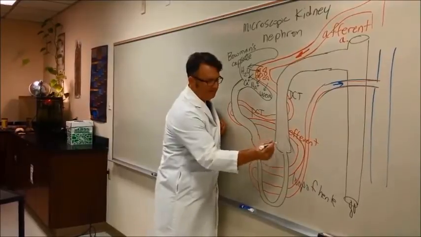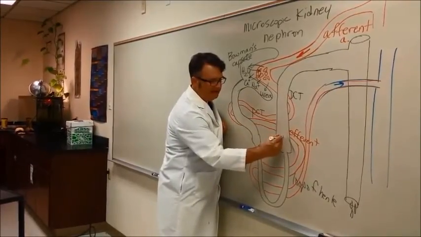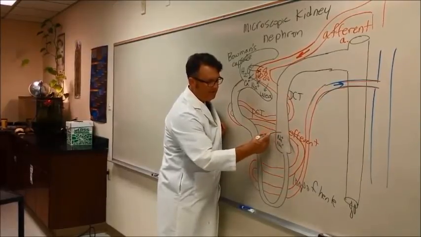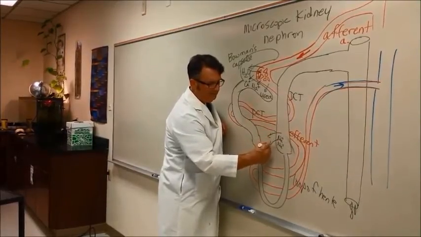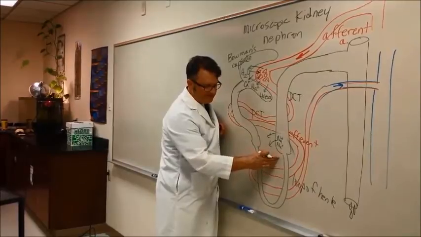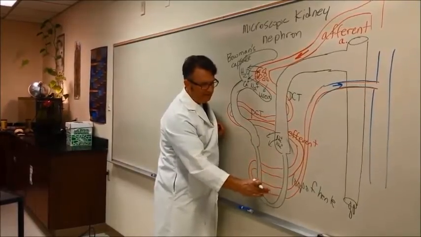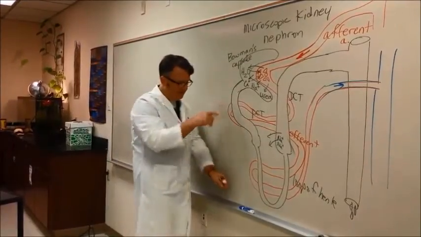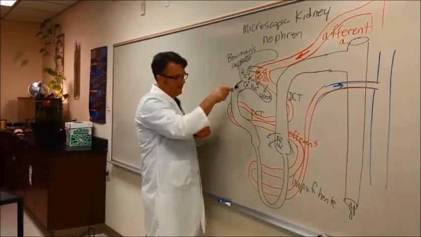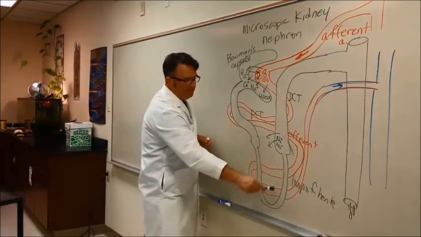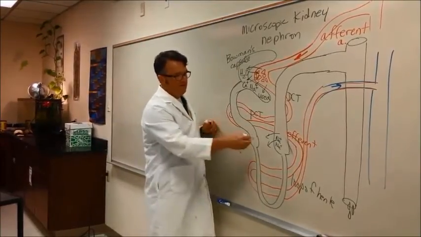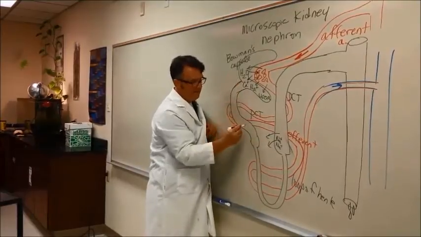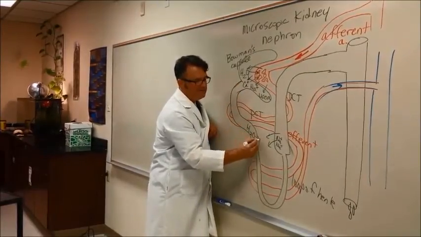but sodium gets actively pumped out of this part of the convoluted tubule, and it makes the inside of the renal medulla very concentrated, so that as the water proceeds downward through this tubular system, if the medulla is very concentrated, this water exits.